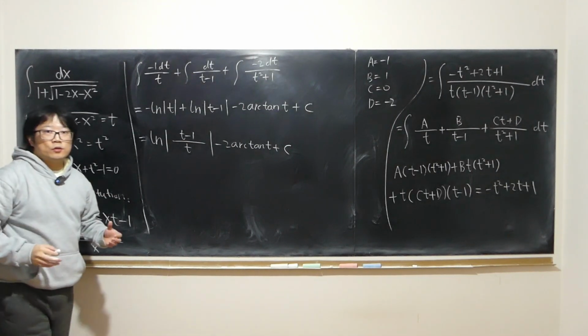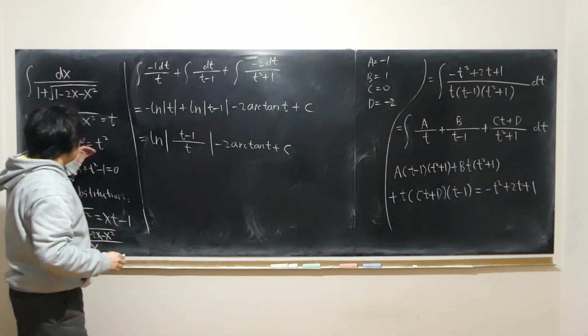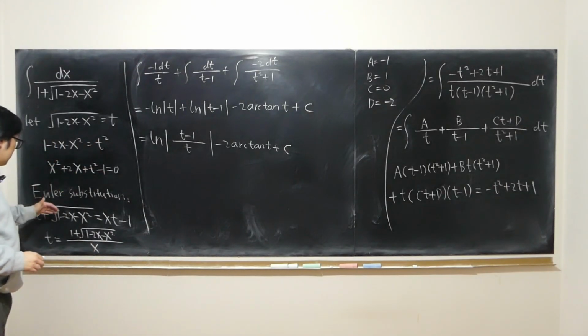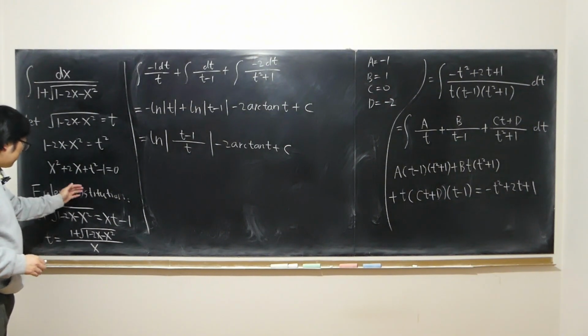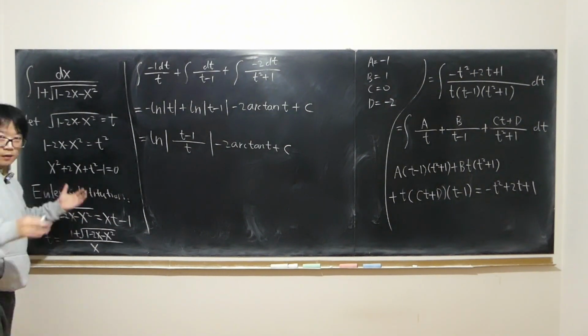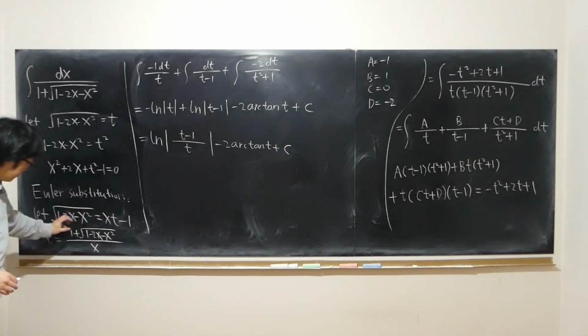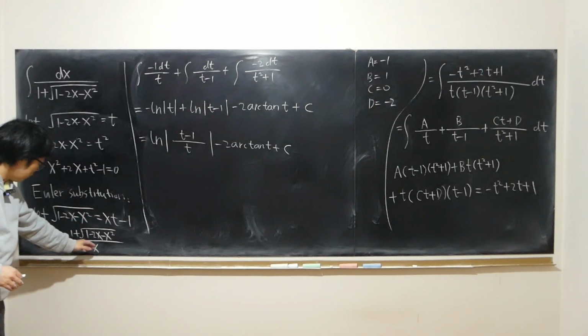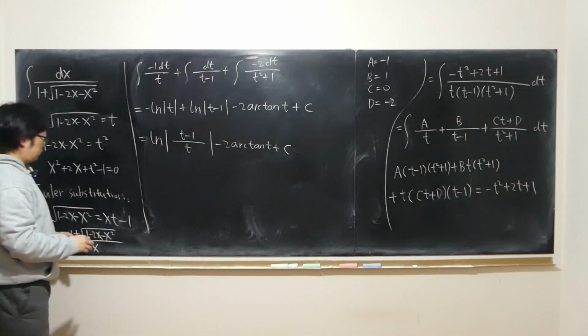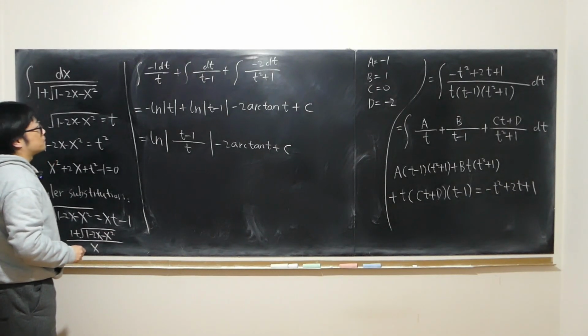So remember I mentioned in the beginning, when I did this Euler substitution, I simplified a little bit. In the end, I just cancel out x. You can also tell from here, x is now in the denominator, which means x is not equal to 0 in this case.